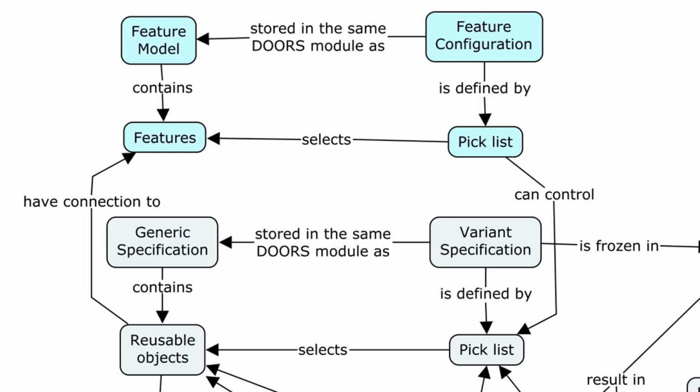This is done automatically by updating the pick lists for these variant specifications. At this point, this is all I will say about feature modeling. There is a separate video on the feature modeling tools of DEXVariants. So if you're interested in feature modeling, I suggest you look at this video.